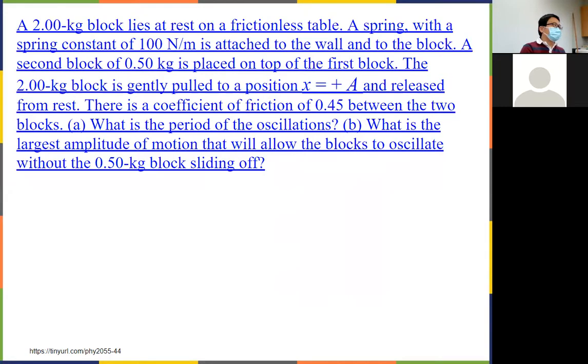A second block of 0.50 kilogram is placed on top of the first one. The 2.0 kilogram block is gently pulled to a position x equal to plus A and released from rest. There's a coefficient of friction of 0.45 between the two blocks. What's the period of the oscillation?